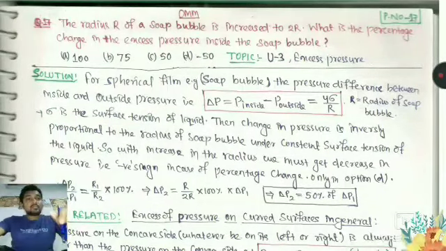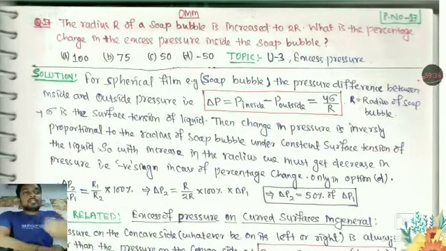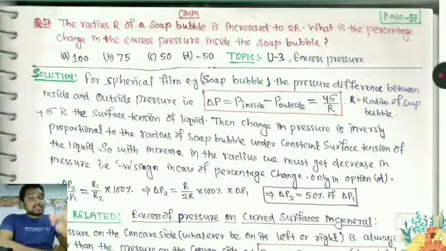Mechanical properties of fluids, that is excess pressure. Okay, this is the question from excess pressure, that is mechanical properties of fluids. So in case of a soap bubble, or spherical film, the pressure difference between the inside and outside pressure is equal to 4 sigma by R, where sigma is the surface tension of the liquid.